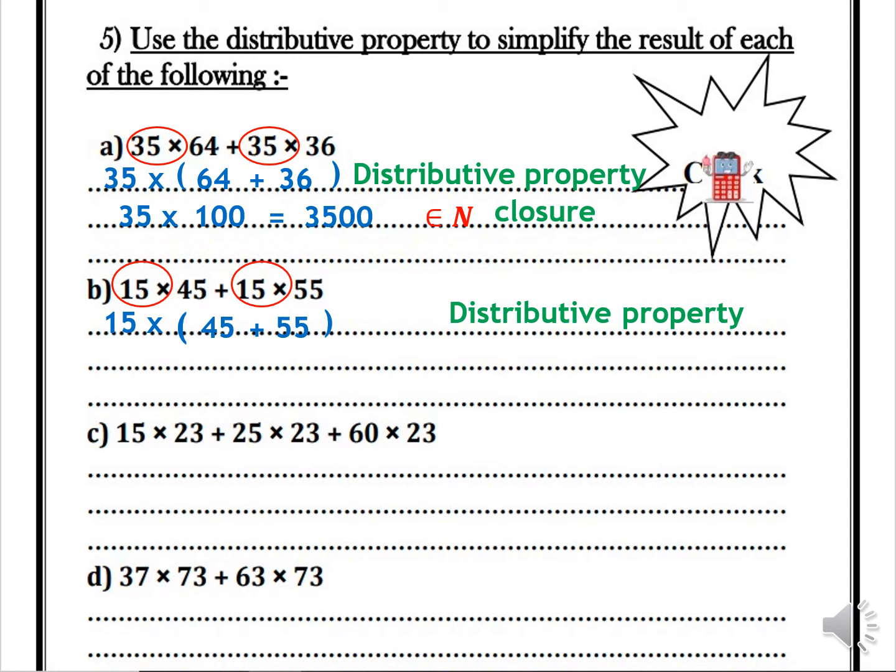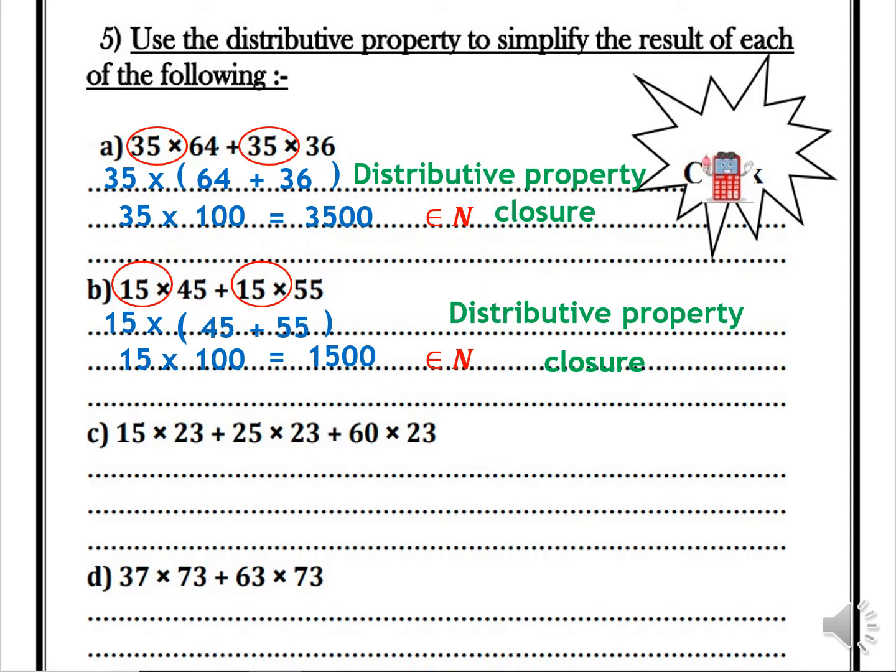This is the distributive property. Then I will solve 15 times 45 plus 55 equals 100. So 15 times 100 equals 1,500. Belongs to N closure.